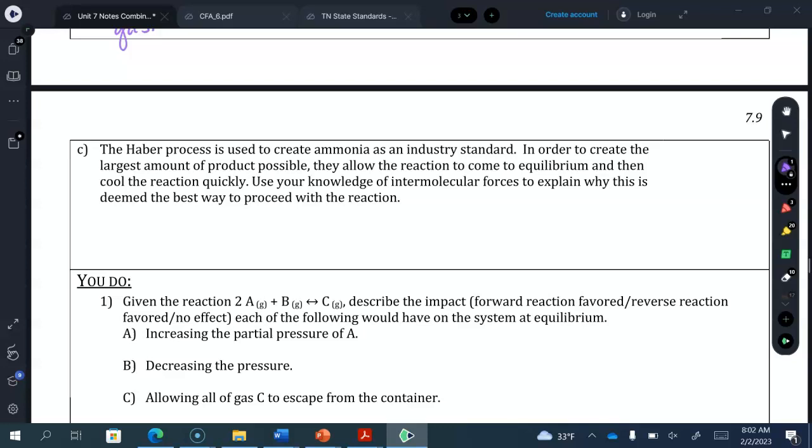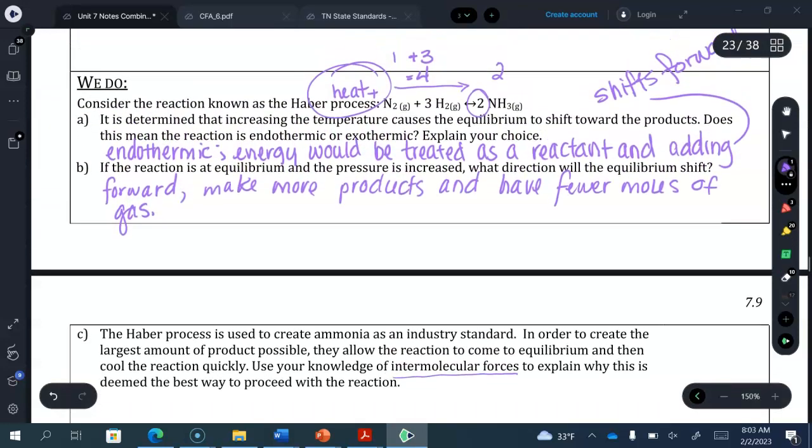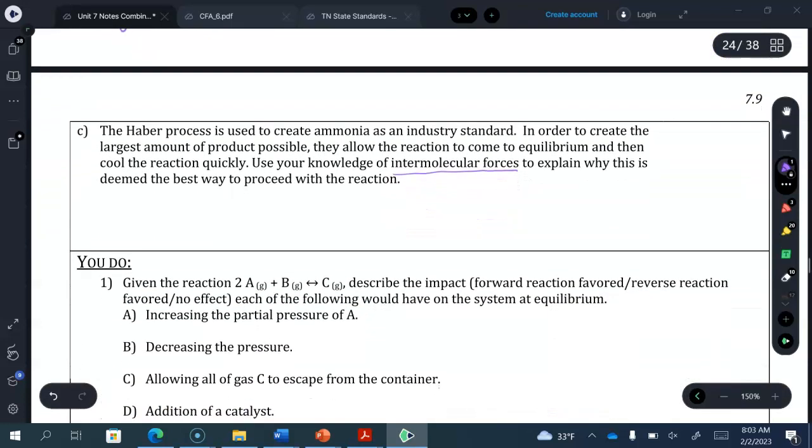One of the key things to pay attention to is that they're asking you to cite intermolecular forces. So you're going to compare intermolecular forces of the 3 gases and determine why NH3 would be easier to remove from this, because you're going to want to keep creating product, which means you're going to need to remove it. So pause the video and try that now.